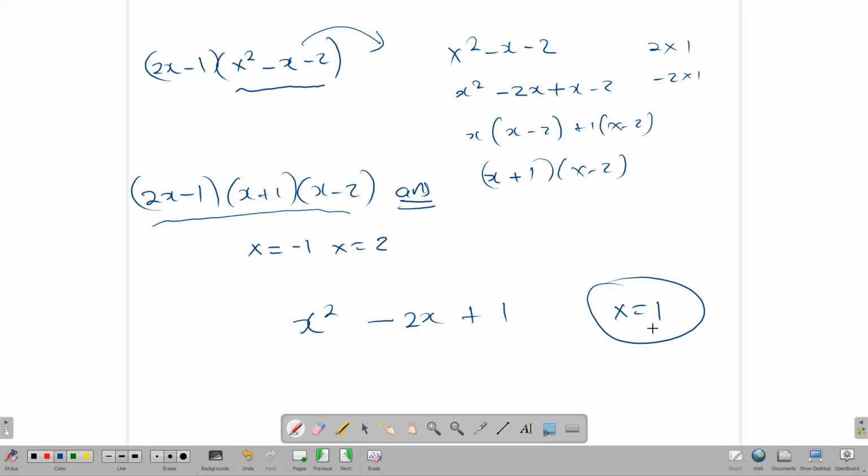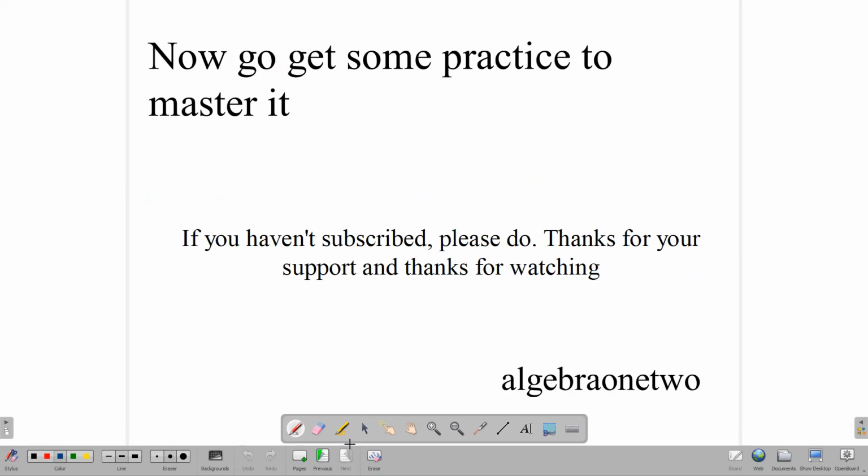And if x equal to 1 is a root, or a 0, then what it means is that x minus 1 is a factor. And you could divide this expression by x minus 1 to get the other factor, so to speak. That's how the factor theorem works. Now that you know, go get some practice and master it, and make sure that you get a very good understanding of it in the process.